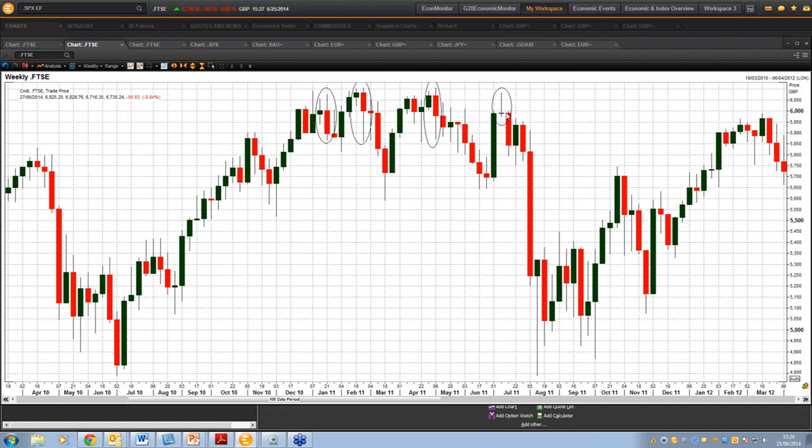You had a sharp move to the upside, but then you saw what I would suggest would probably be a shooting star to a certain extent, again confirmed by the subsequent candle, which was bearish. So then you're starting to get concerned that there's going to be a rejection of that move, and lo and behold, you've got a sharp move to the downside. So very interesting there on the weekly.